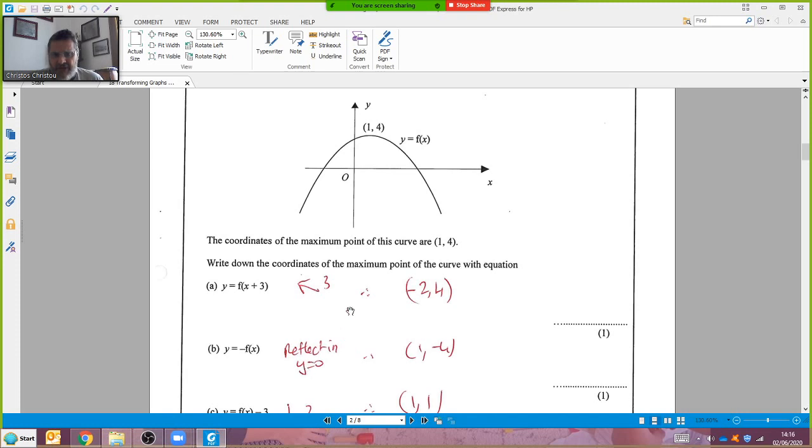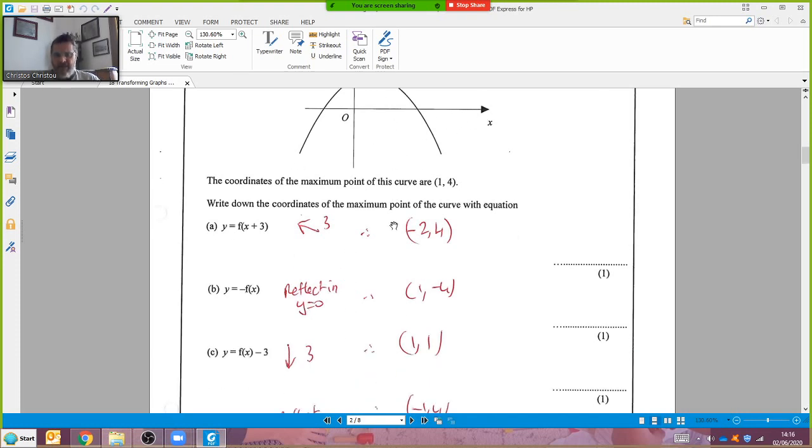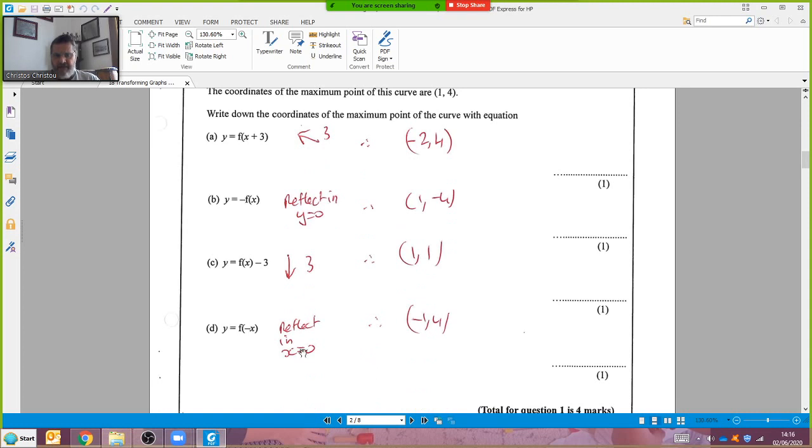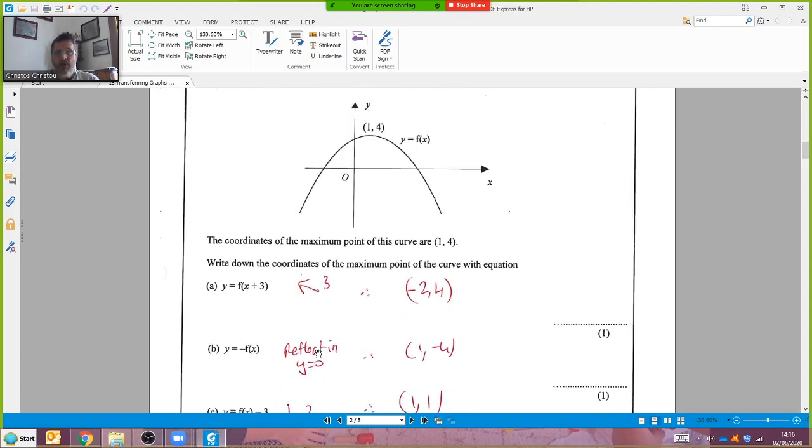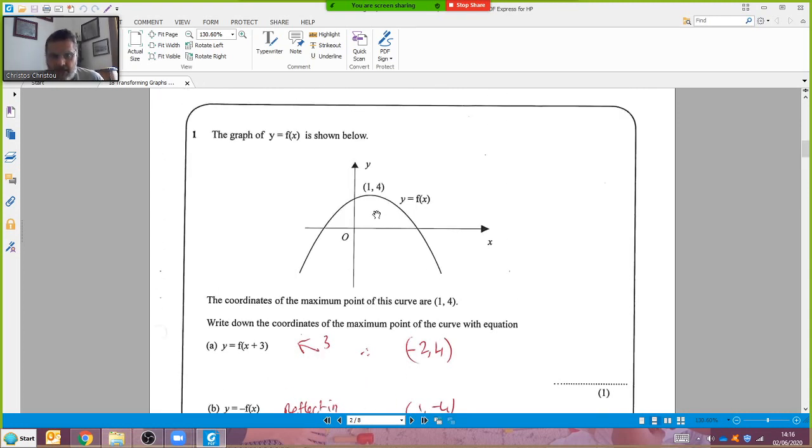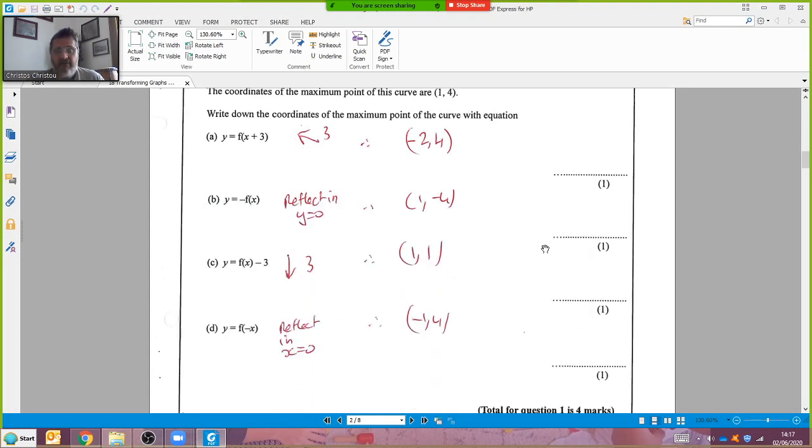Yes, that's a reflection in the x-axis, isn't it? Yeah, I got it. And this one over here is going to be a reflection in x equals 0, in other words, the y-axis. I got it right. Okay, so that 1, 4 slips over here to minus 1, 4, because it's 1 away from the y-axis, so it's going to be minus 1, 4 up, I think. Yeah, correct. Thank you, whoever that was, for your contribution.